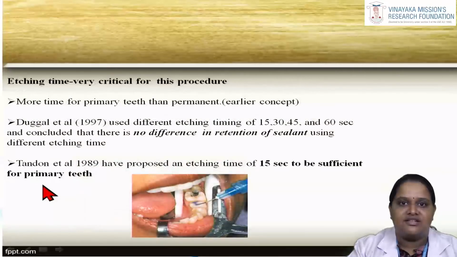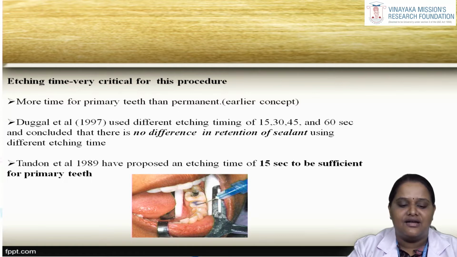And next is etching time, which is a very critical procedure for the placement of sealants. This etching time is more for primary teeth than permanent, and this was the earlier concept. But Duggal et al. in the year 1997 used different etching timings of 15, 30, 45 and 60 seconds and concluded that there is no difference in retention of sealants using different etching times and etching patterns.